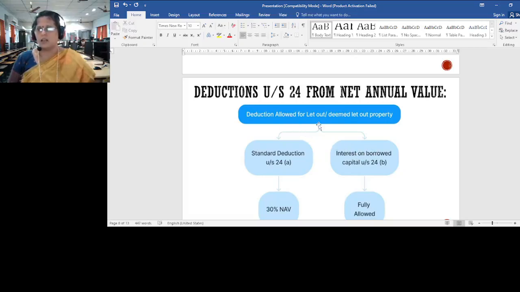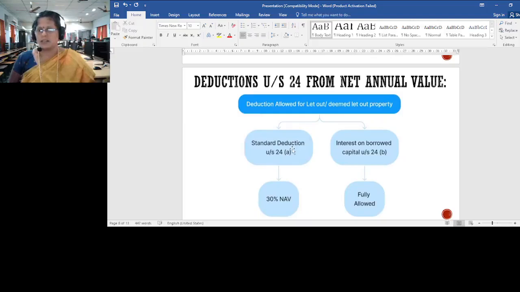So, deductions allowed for let out property or deemed to be let out property. There are 2 deductions. One is standard deduction under section 24A. The second one is interest on borrowed capital under section 24B. You can claim 30% of net annual value. If you calculate 30% of net annual value, you get the standard deduction under section 24A.